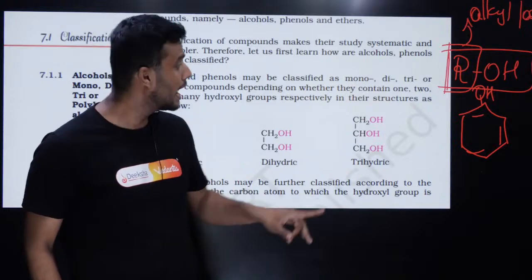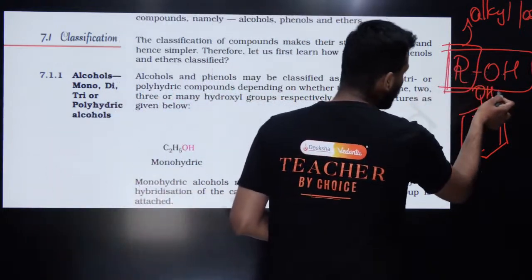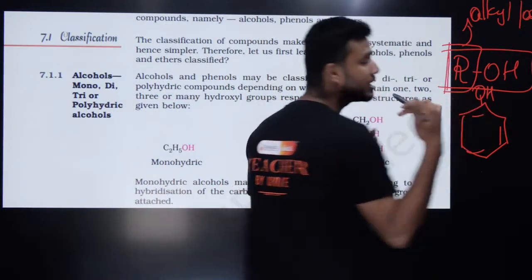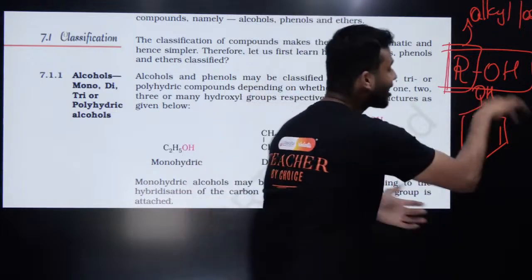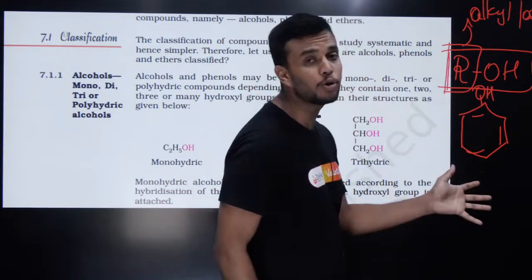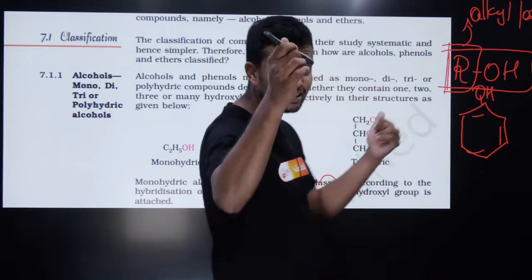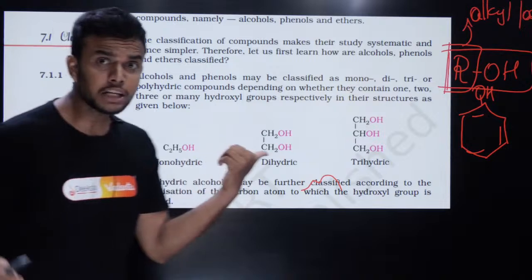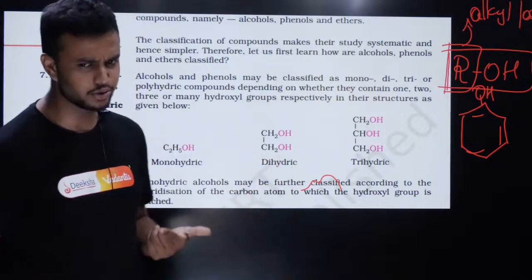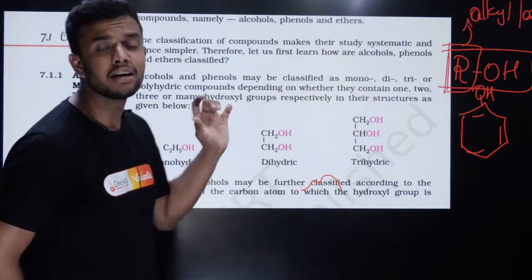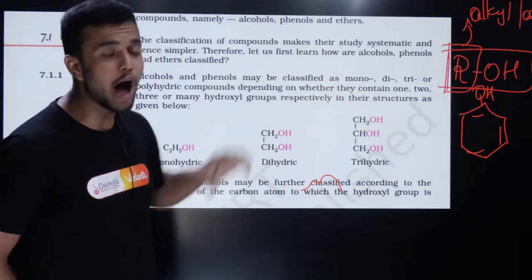Whenever the OH group is attached to a benzene ring, we know all carbon atoms present in the benzene ring are sp2 hybridized carbons. Right, my dear students? Sp2 or sp? If you know, let us know in the chat section. This is the general information about alcohol and phenol.